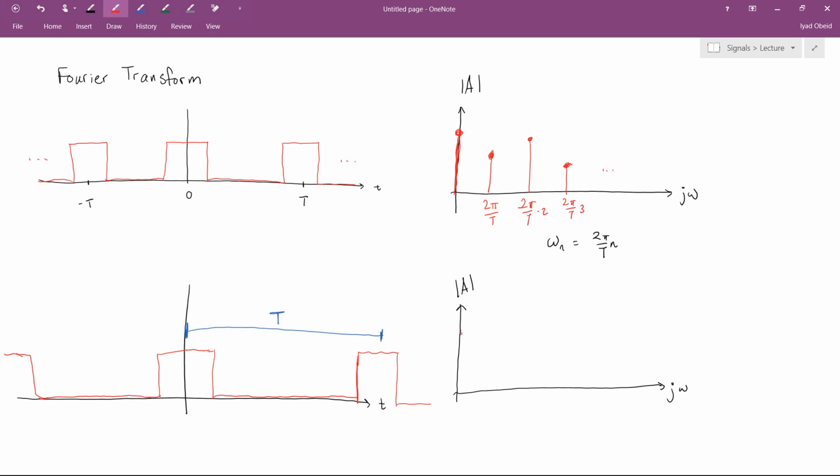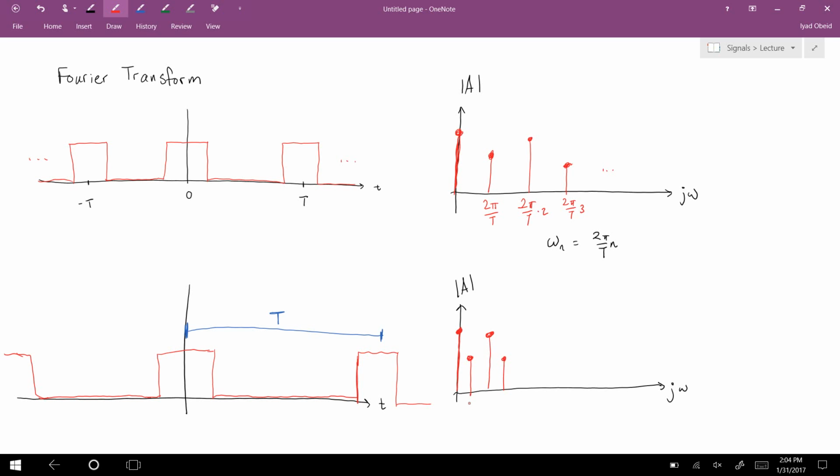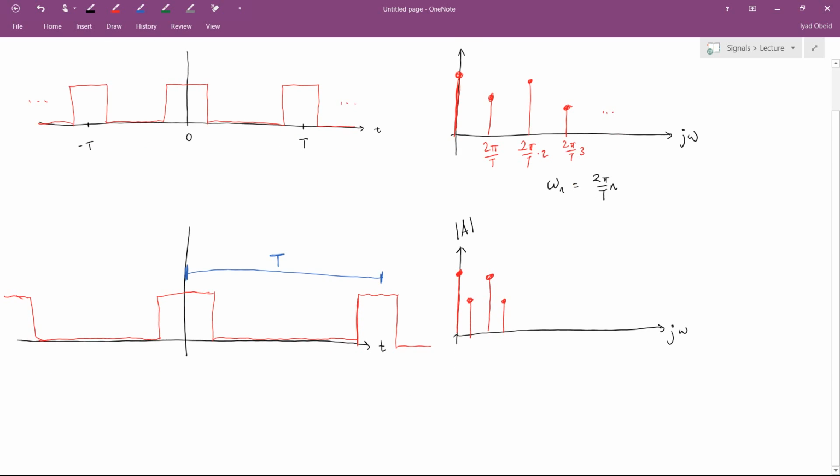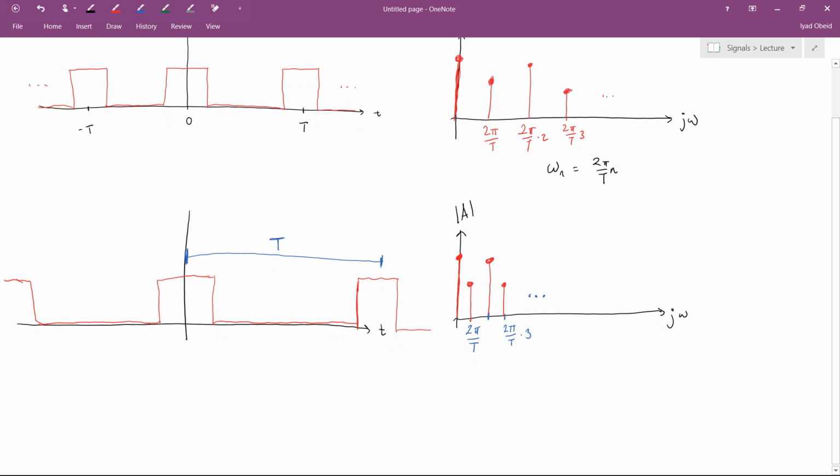So we would expect to have all the same sticks, except now when I space them 2 pi over T apart, because T got bigger, that means 2 pi over T is smaller. So this is now my 2 pi over T, 2 times 2 pi over T, and now 3 times 2 pi over T, and so on. So as T gets bigger, these sticks get closer together.